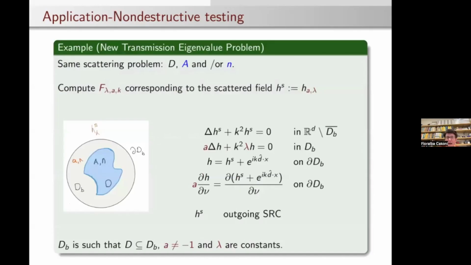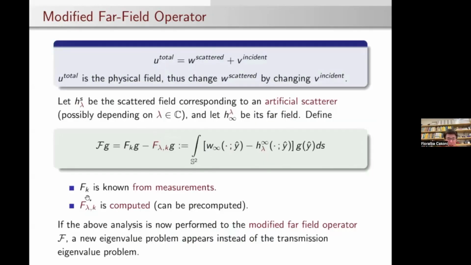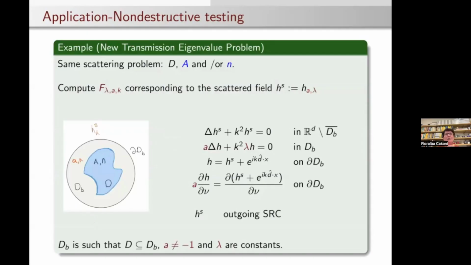And if you do that, depending on the modification, depending on this mathematical far field operator that you compute that doesn't involve the unknown inhomogeneity, then you come up with various eigenvalue problems. So one is the following. The transmission eigenvalue has the issue that you need the contrast to be of one sign on the boundary.